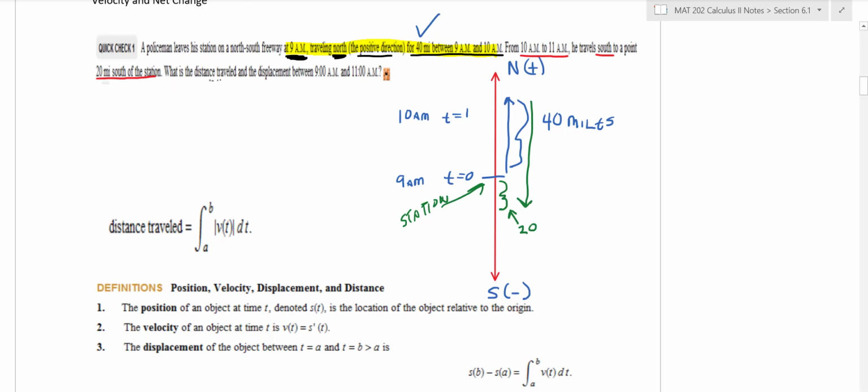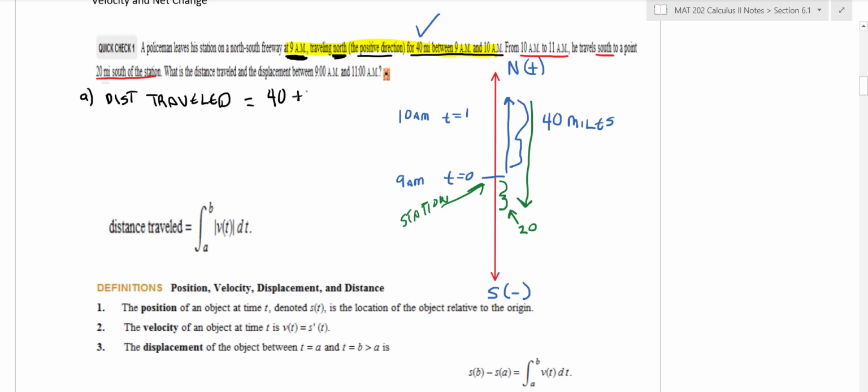The question is, what is the distance traveled? That's part A. That's simple. You went 40 miles, then you traveled to a point that is 20 miles south. So you go 40 miles, then 40 miles backwards, and then 20 more.